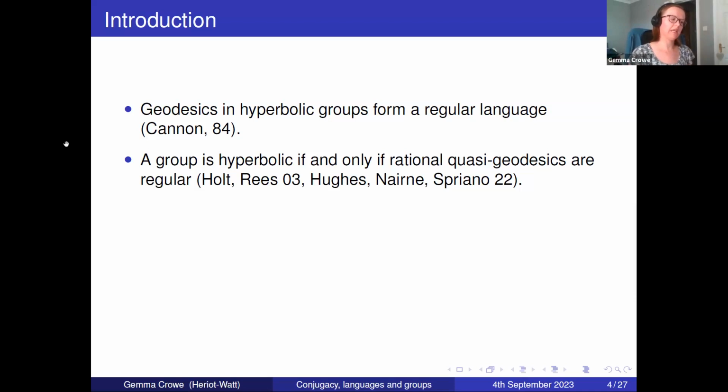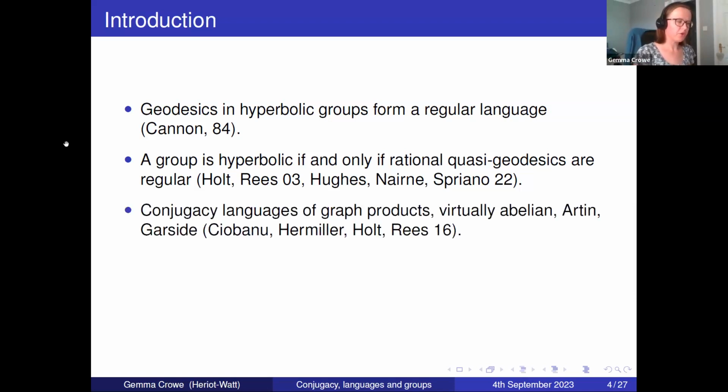Now, one word in my title that I haven't mentioned yet is the word conjugacy, and that's a particular property that I'm interested in studying. So where this partly began, probably the main paper is this 4-author paper in 2016, where they created languages which represented conjugacy classes, essentially, and studied a wide variety of groups and looked at different properties of these languages.